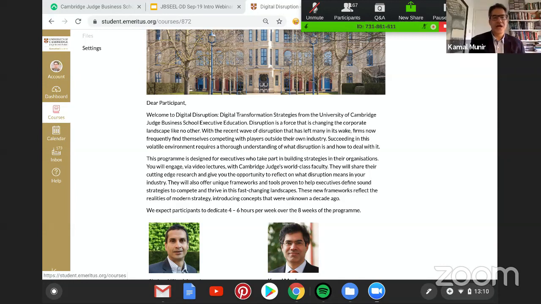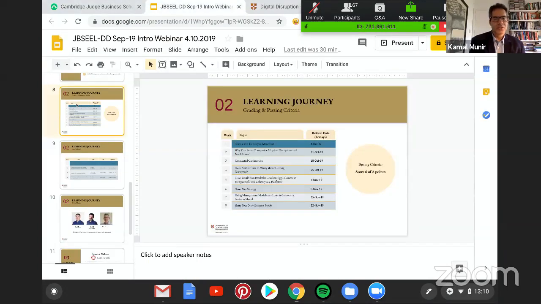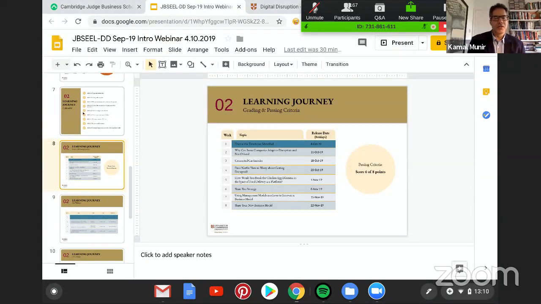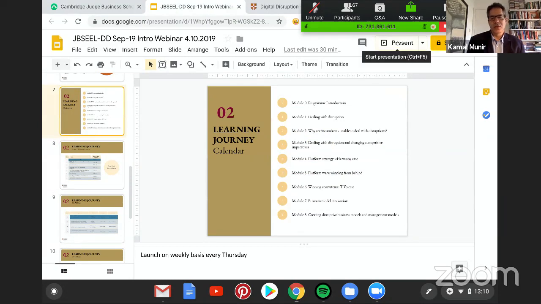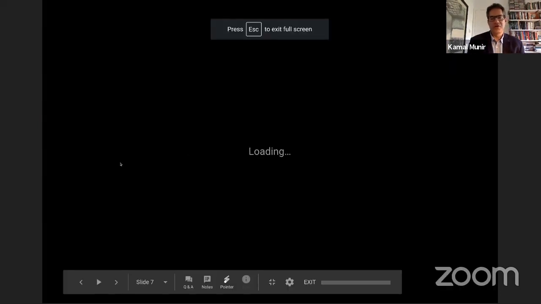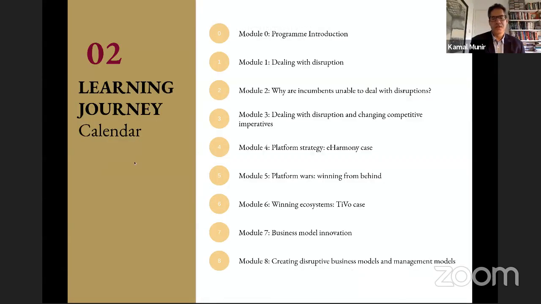And just to add to what Clark has already said, and Shakti, Clark, can you go back to the learning journey, the first one, which shows us the sessions of the modules? Okay, can you go into slide view? Okay. All right. So the first thing, just to add to Clark's introduction, we will start off by learning what disruption is.